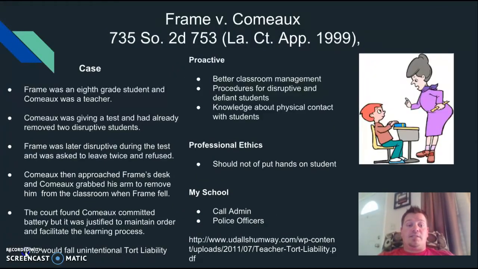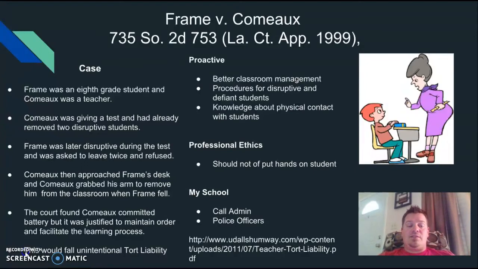All right, next case, it says Frame versus Comics. In this case, Frame was an 8th grade student. Comics was filling in for a science teacher and giving a spelling test. He had already removed two disruptive students from the class that were talking and messing around during the test. After this, Frame was later disruptive during the test; he shouted out loudly.